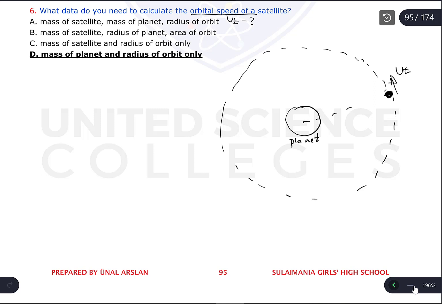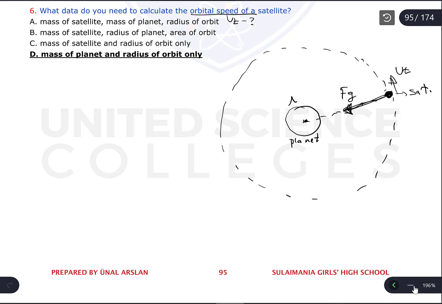And because it's a circular path, there must be a centripetal force keeping this satellite on this circular path. This centripetal force is going to be the gravitational force Fg between the planet and the satellite.